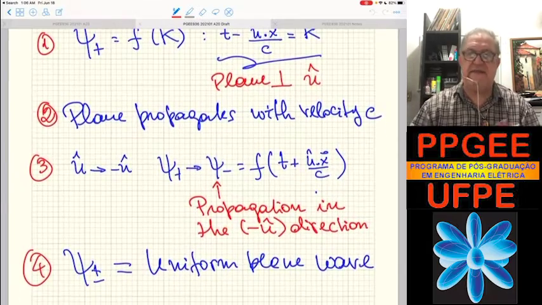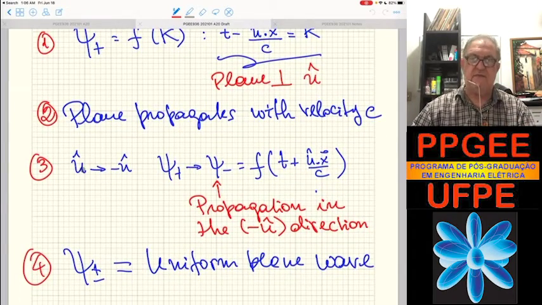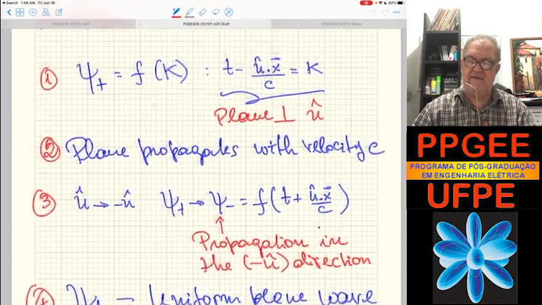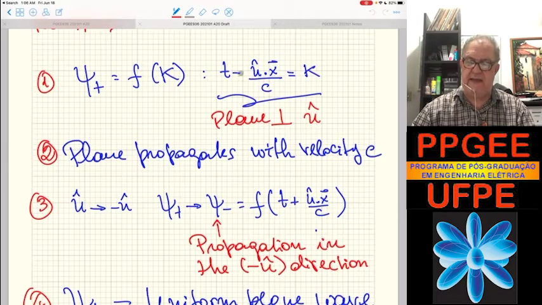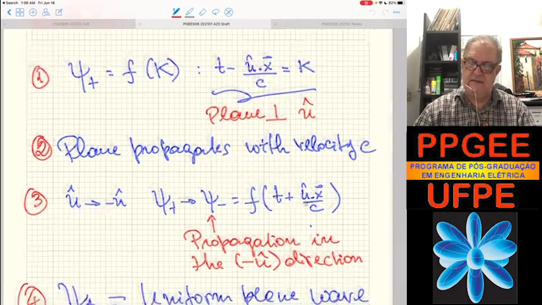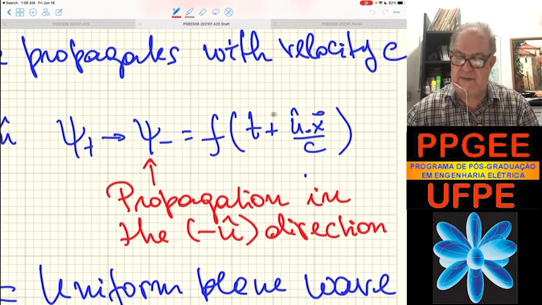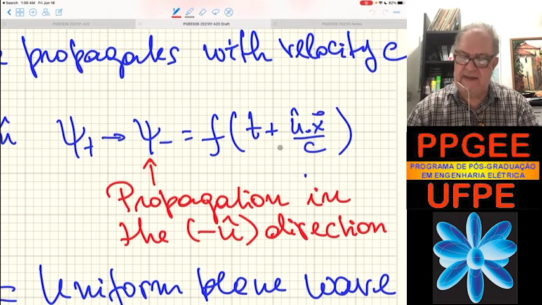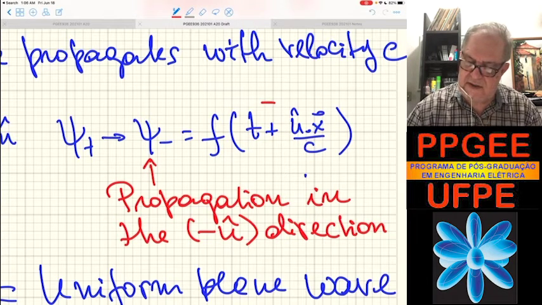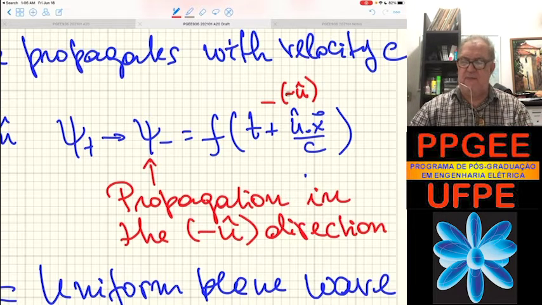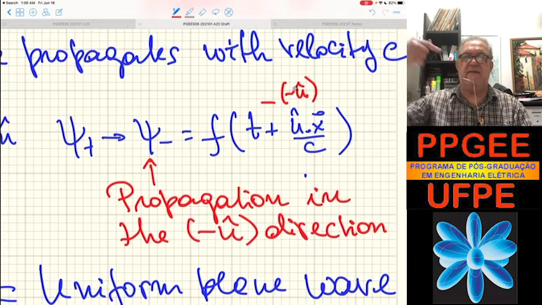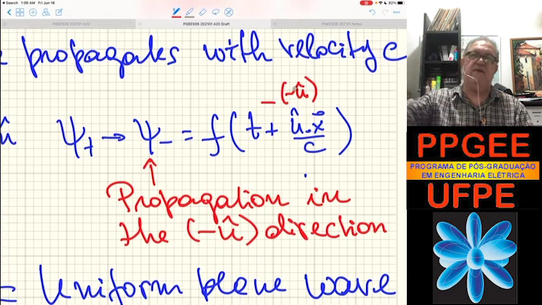If I reverse the sign of u, then the argument of the function would be t plus, like this one here. So you obtain another type of solution, psi minus, f of t plus, right? Well, what is this? This is equal to minus u. That means it's a wave that moves in the direction of the minus u versor, in the opposite direction.